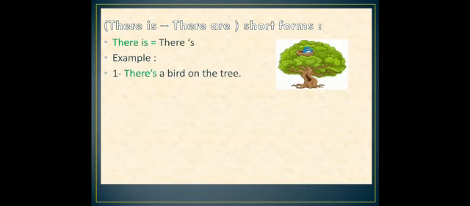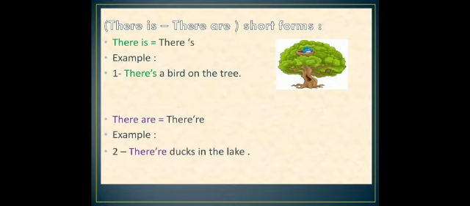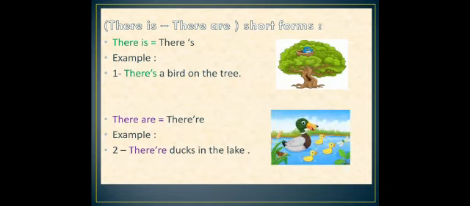You're going to say there's a bird on the tree. Number 2, there are, short form there're. Example: there are ducks in the lake.